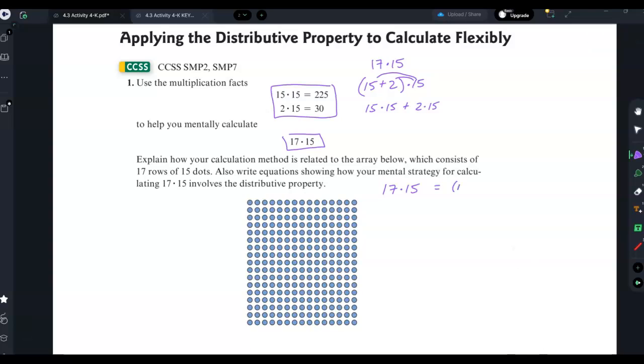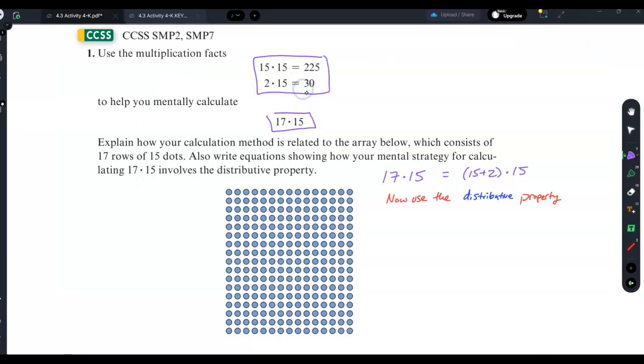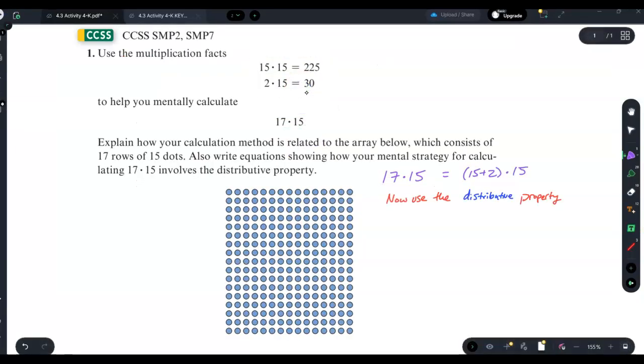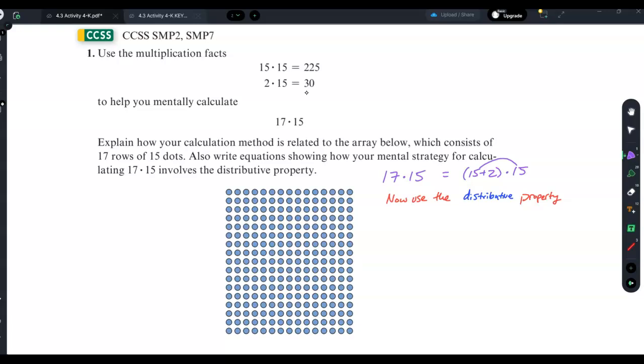So we said 17 is really 15 plus 2. And so now we're going to use the distributive property. So let me go ahead and distribute my 15 times 15, and 15 times 2. So I'm trying to find 17 times 15 is what I'm starting with.